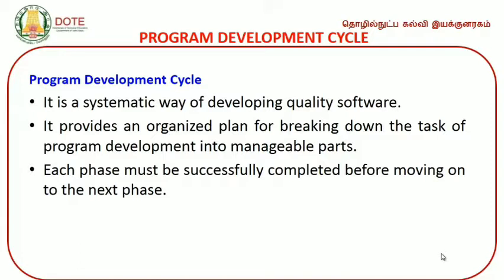It provides an organized plan for breaking down the task of program development into manageable parts. Each phase must be successfully completed before moving on to the next phase, so some parts are repeated. The output of a particular phase will be used as the input for the next phase.